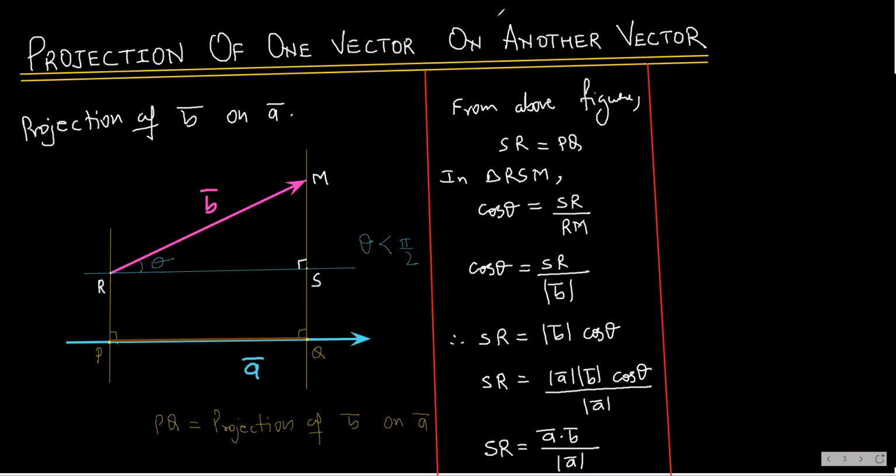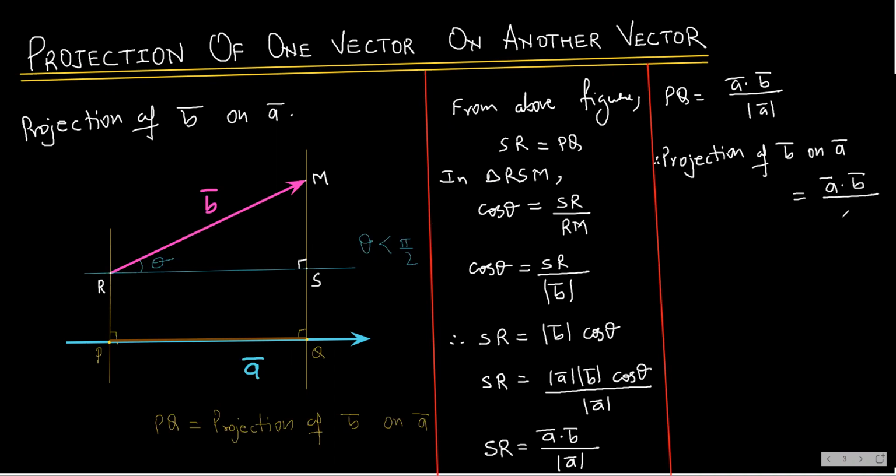So I got PQ equals A bar dot B bar upon mod A bar, and this PQ is the projection of vector B bar on A bar. Therefore, the projection of B bar on A bar is A bar dot B bar upon mod of A bar.